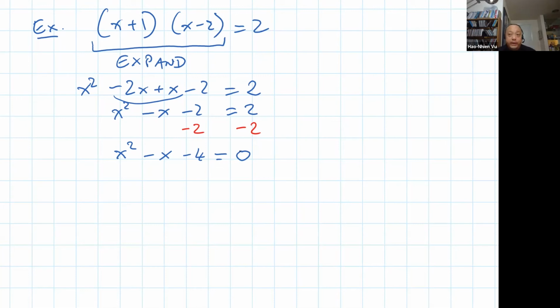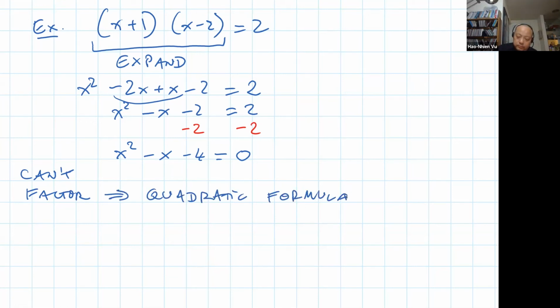I get to this point, and now I have a quadratic equation on the left. So I either have to factor it if I can, and if not, I have to use the quadratic formula. I can't factor, so I have to use the quadratic formula. a equals 1, b equals -1, and c equals -4.